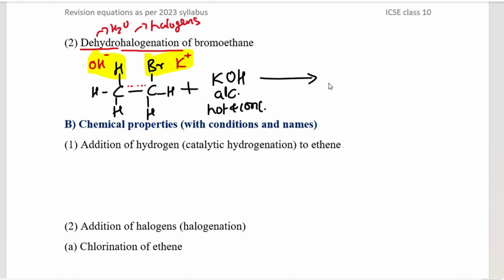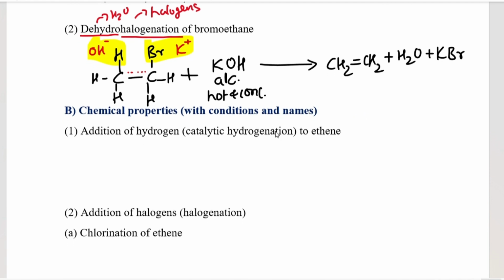Right? So what are the products? CH2 double bond CH2 plus H2O plus KBr. So if you check, I think it is already balanced, right? Very nice. So next, laboratory preparation of ethene is done.